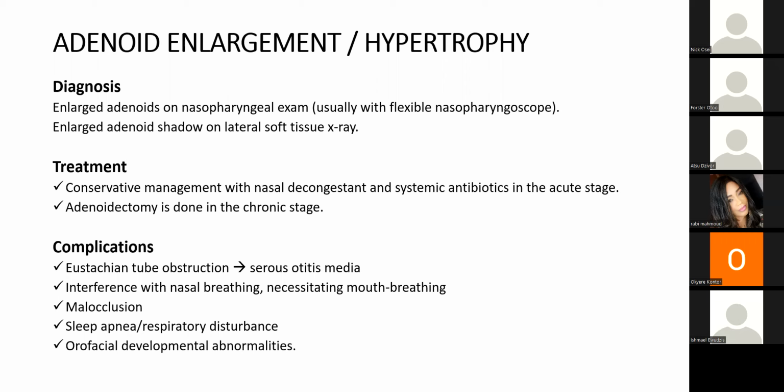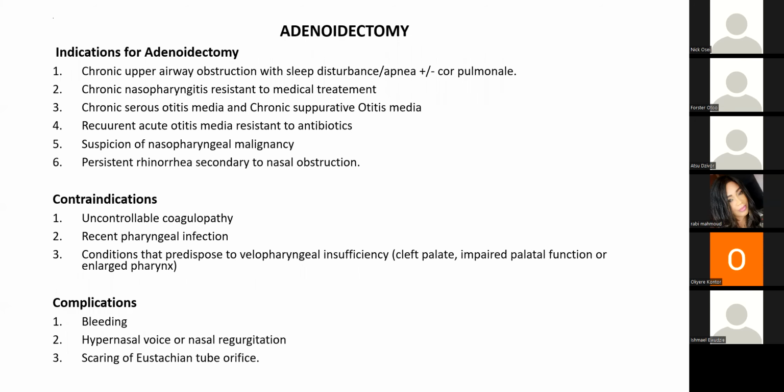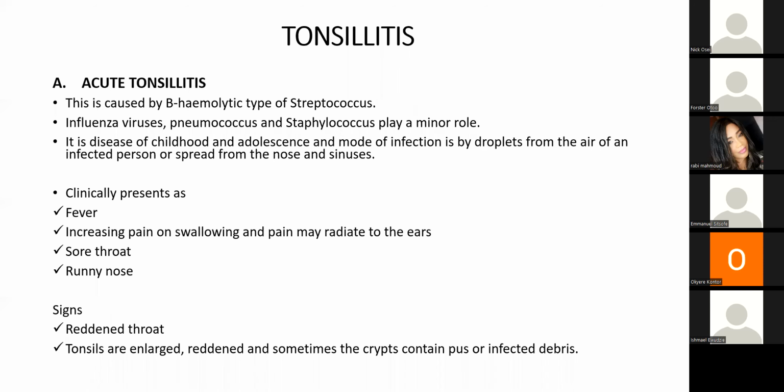You can do an adenoidectomy as well. And some of the complications were also highlighted. We also did some of the indications for adenoidectomy, which is eventually the surgical management, and some of the contraindications and the complications to expect.